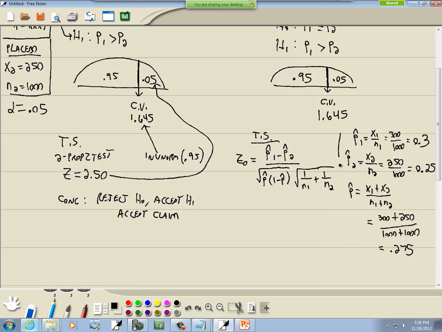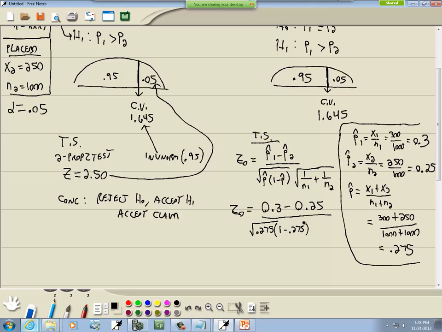Okay, so that's what we kind of do over on the side there. So then Z naught is equal to P hat sub 1, which is 0.3, minus P hat sub 2, which is 0.25, divided by the square root of 0.275 times 1 minus 0.275, then the square root of 1 over 1,000 plus 1 over 1,000. So let's go plug this in.